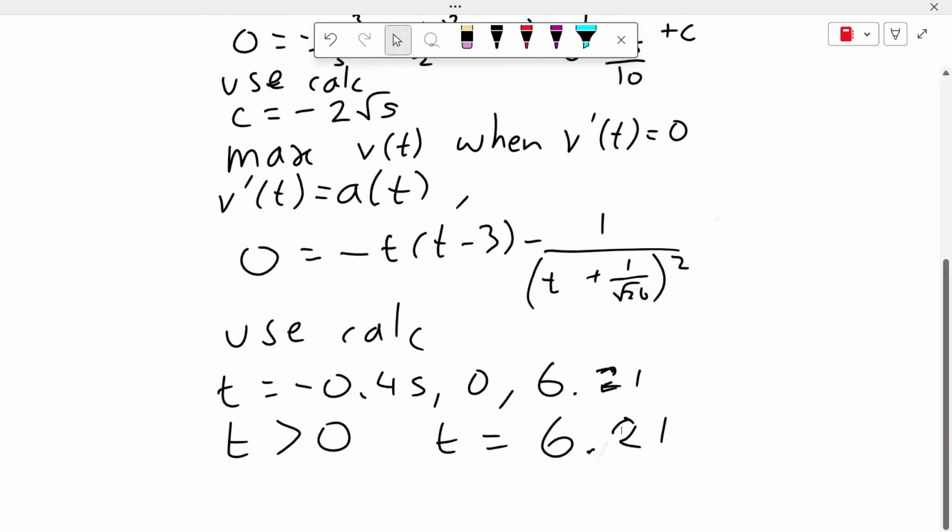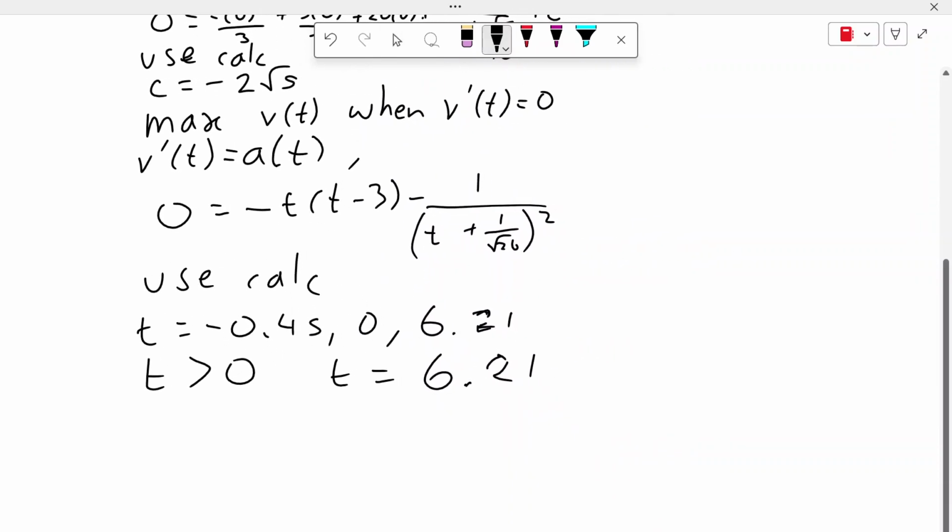All right. So it's a lot of work, I know, but we then find V max, or our max, occurs at 6.21. Okay. So then we substitute in, use our calculator, and then just substitute that value in there.